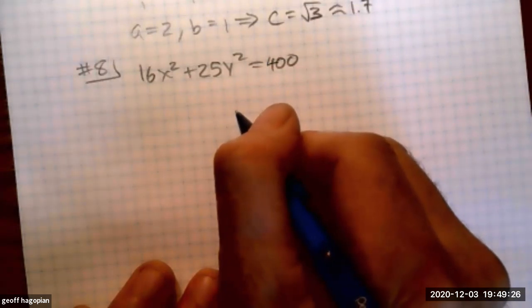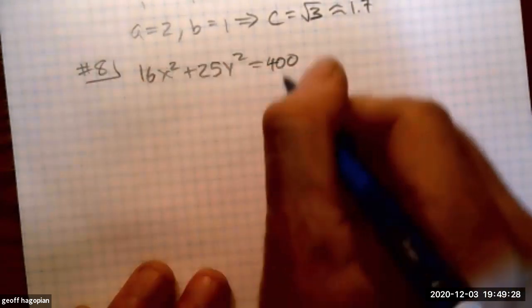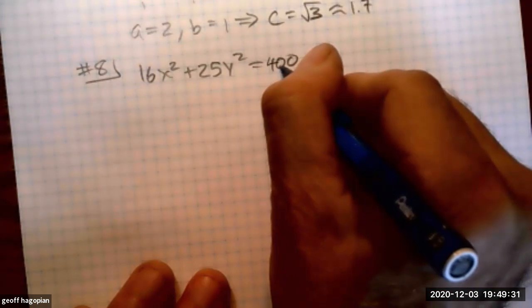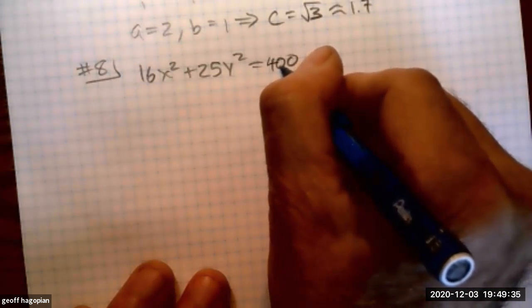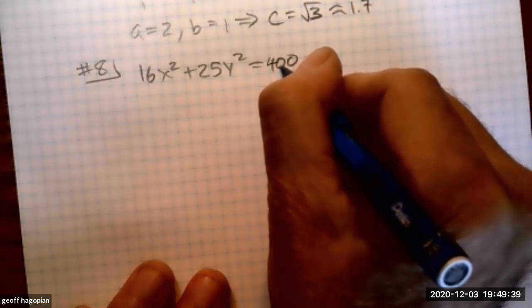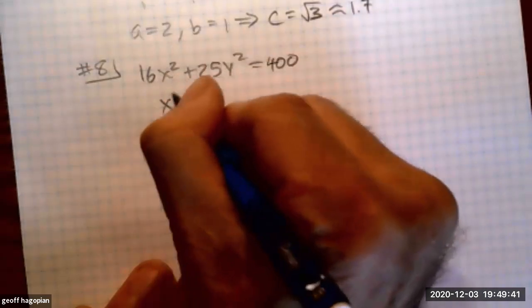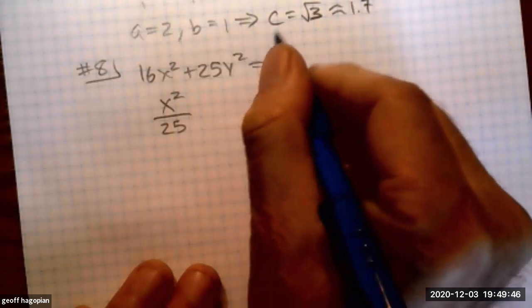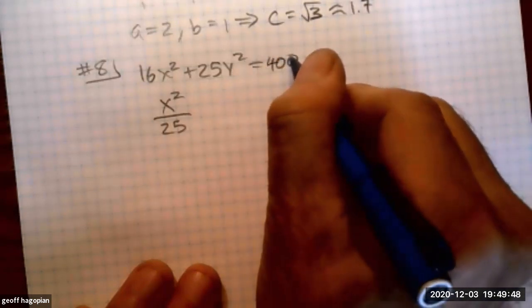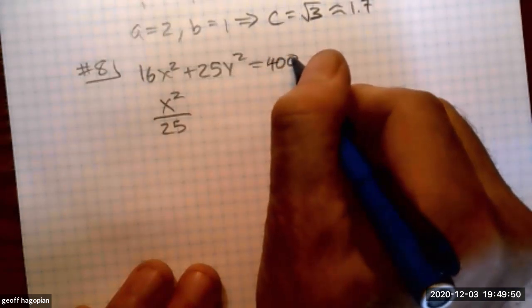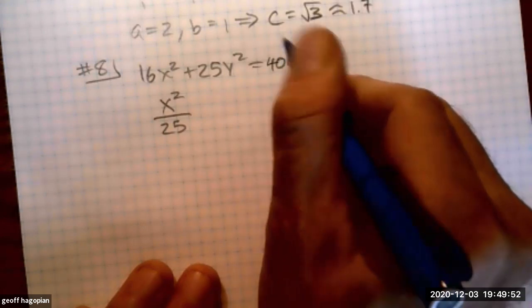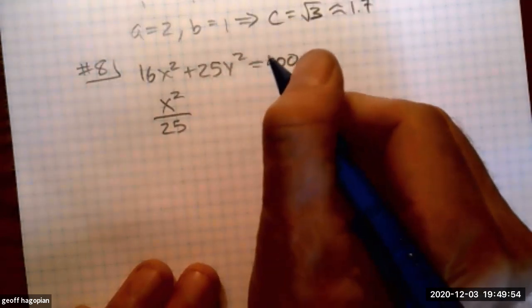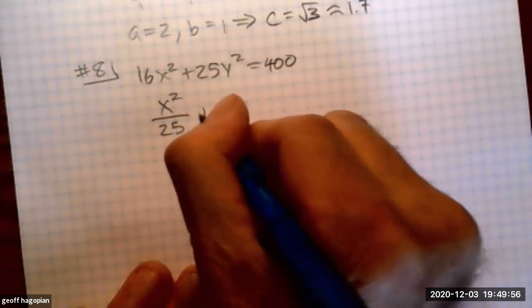So I think that's going to reduce. 16 times 25 is 400, right?